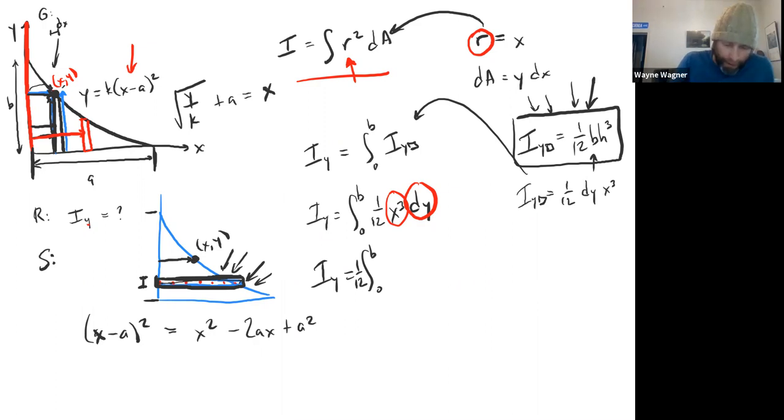Let's see, x minus a, square it. Yeah, that's right. So then we'd have this cubed, which would be the square root of y over k plus a, cubed dy. Okay, and probably no one really wants to fiddle with that. That's not going to be fun.